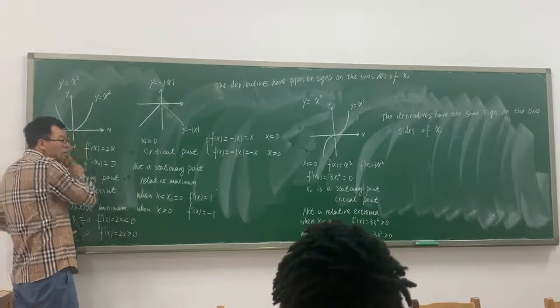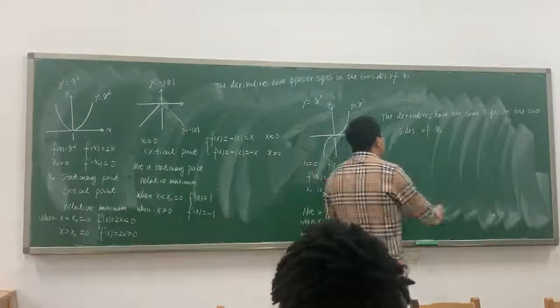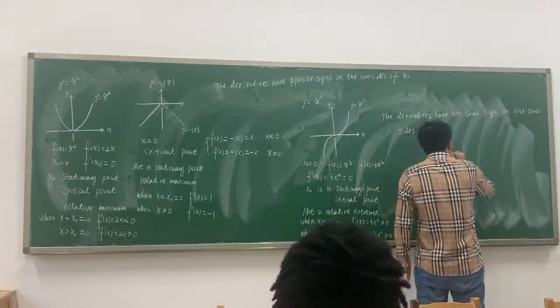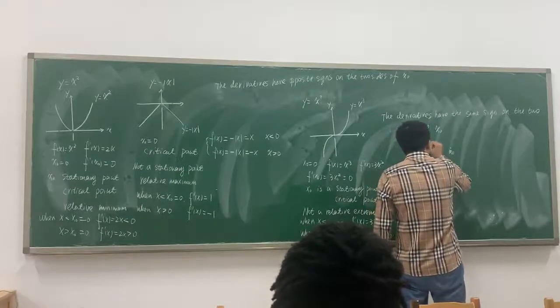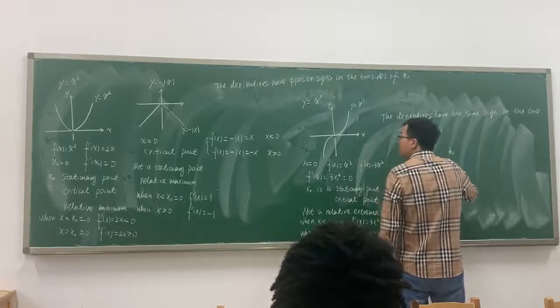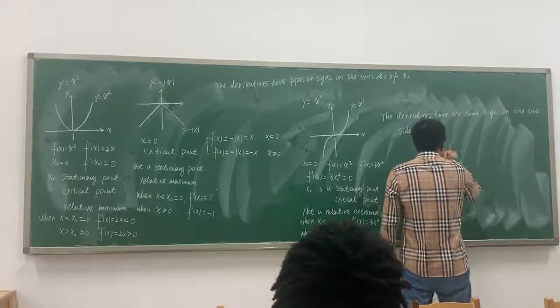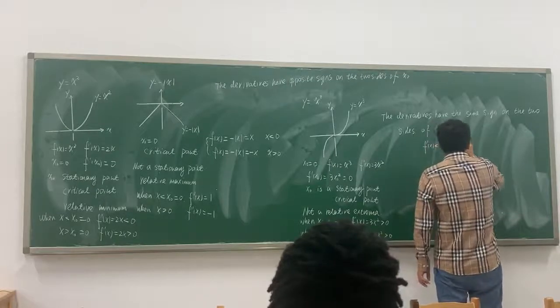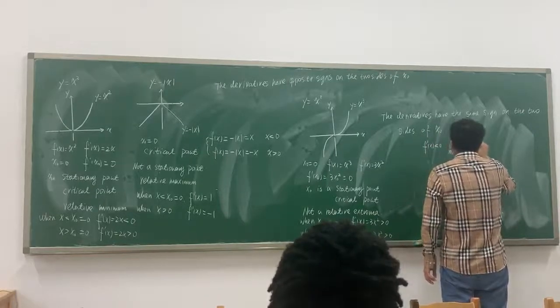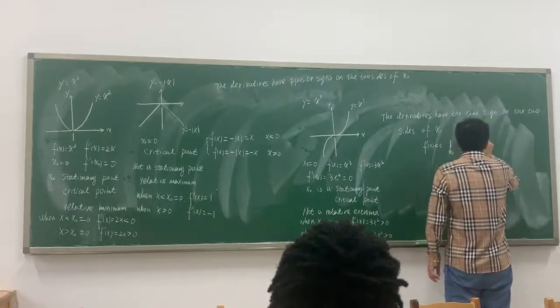Here is x0: on the left, f prime is less than 0, and on the right, greater than 0.